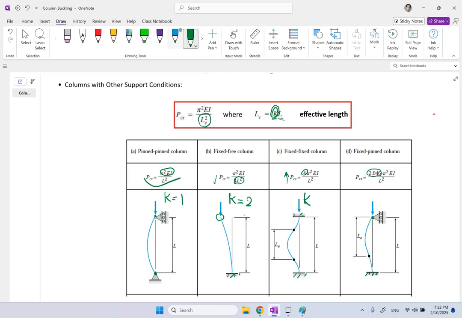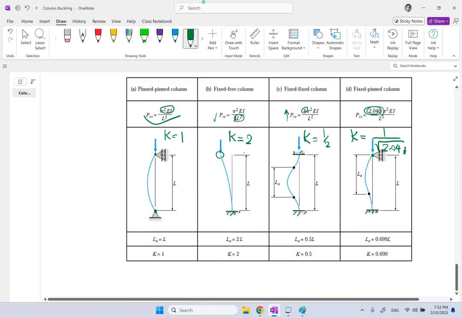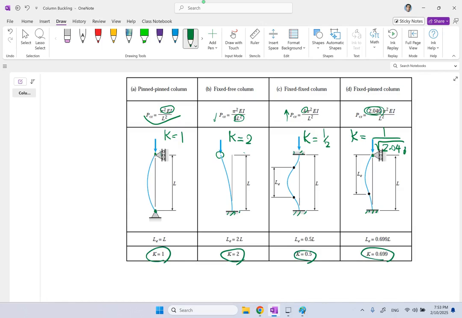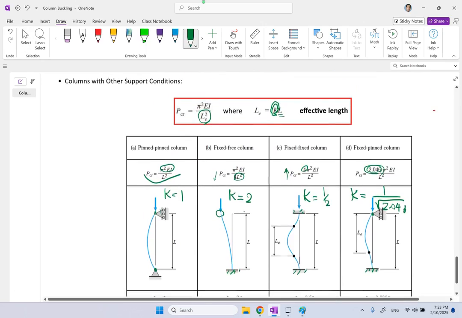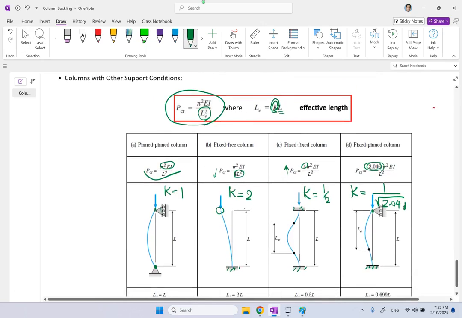In this case, I can say K is 1/2, and in this case, that's basically 1 over the square root of that. And so these are the Ks, or the L effectives. So if you have different boundary conditions, then we can find different effective lengths, and we can still use the great Euler's formula.